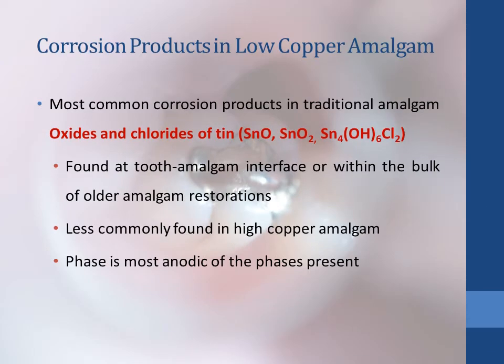Now, when corrosion occurs subsequently, the corrosion products are formed and they are usually oxides and chlorides of tin, and they are found at the tooth amalgam interface or within the bulk of older amalgam restorations. They are less commonly found in high copper amalgam because corrosion is much less in high copper, and the phases are the most anodic of the phases present.